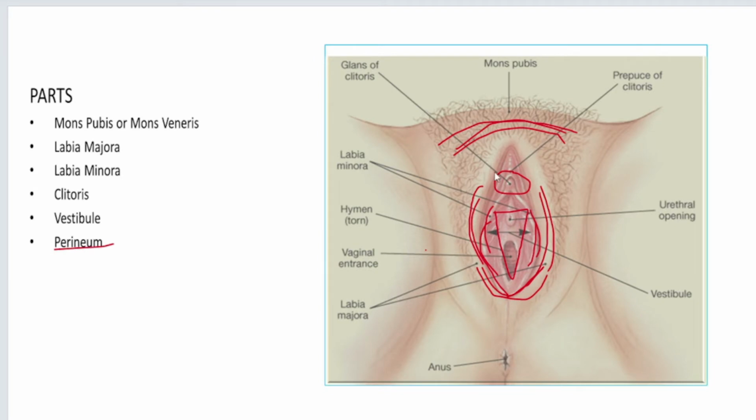Let's come back to the picture again. The labia minora layers come anteriorly and enclose the clitoris. In front they form a prepuce. This is the prepuce of the clitoris. Behind, it forms the frenulum.